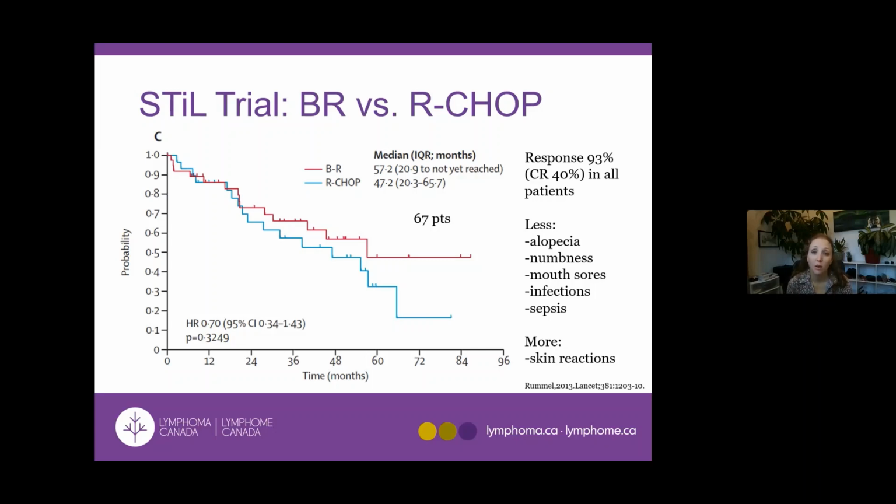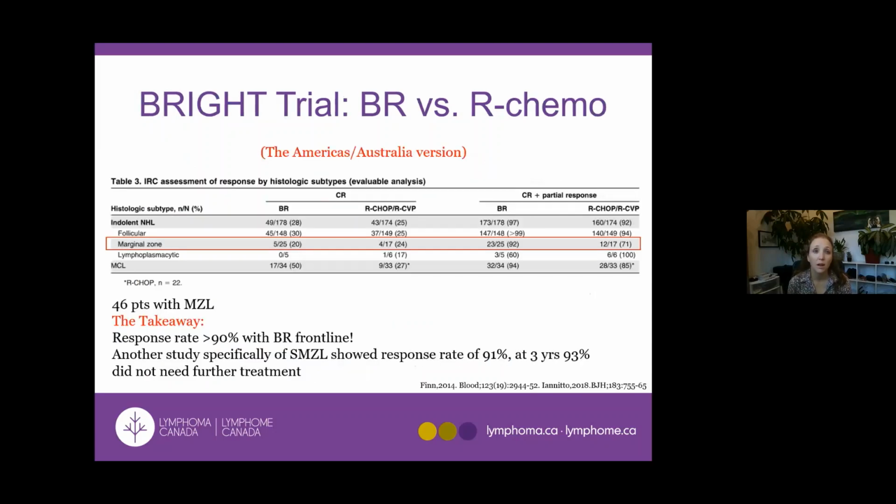We did, however, see that there are more skin reactions. So it's more common for people to have hypersensitivity, bad skin rashes, or things like that, in which case we would think about switching to an alternative regimen. But overall, very excellent response rates, and these lasted for years and years. Frequently, the average was approximately 60 months.